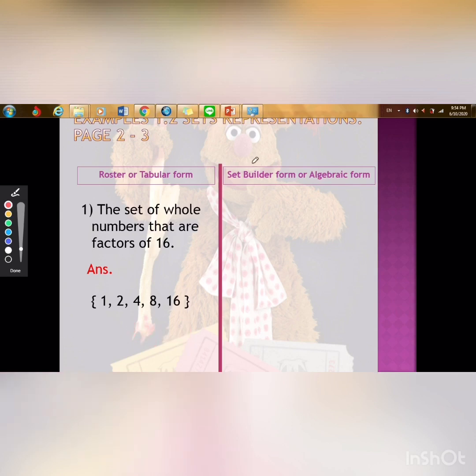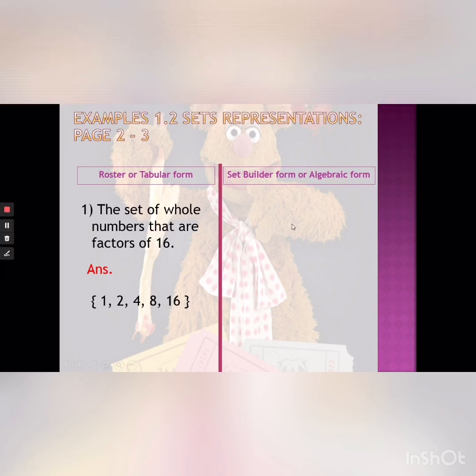And the next one is what you call the set builder form, or algebraic form. So what is the algebraic form? The answer for that is, of course, the braces, which is very important.